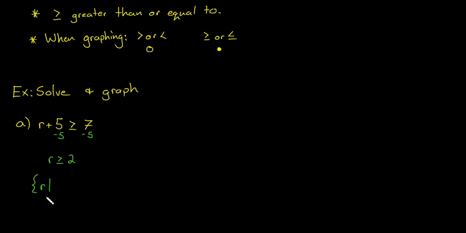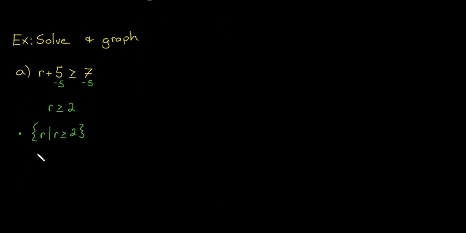Such that, perfect. It's the set of all r such that, what's true about r? What do we find in our actual problem? Greater than or equal to 2. Here is our set builder notation. I'll go ahead and mark it out. And finally, we'll graph it. If you just sneak it in here? Yeah, I'm cool with that. That's what I do, but I'm lazy.